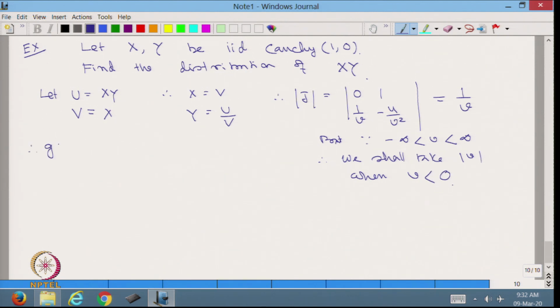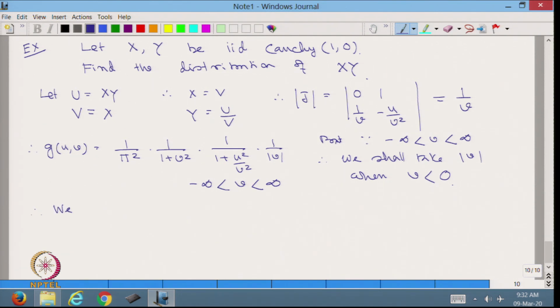Therefore, g u v is equal to 1 upon pi square into 1 upon 1 plus v square into 1 upon 1 plus u square by v square into 1 upon modulus of v, when minus infinity less than v less than infinity.